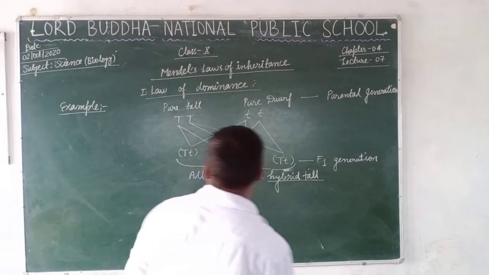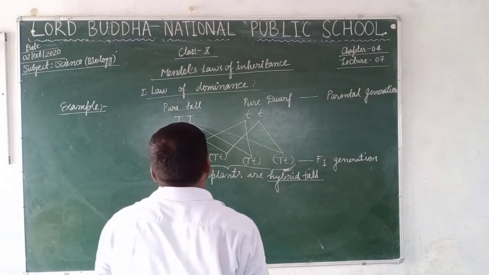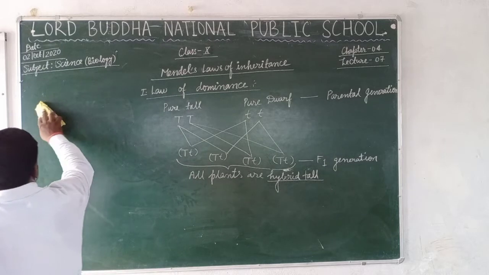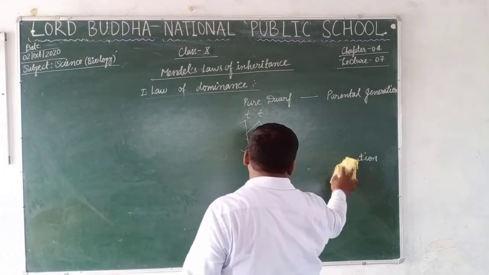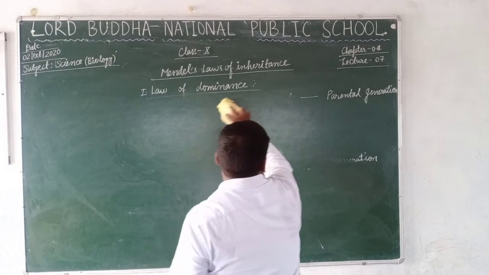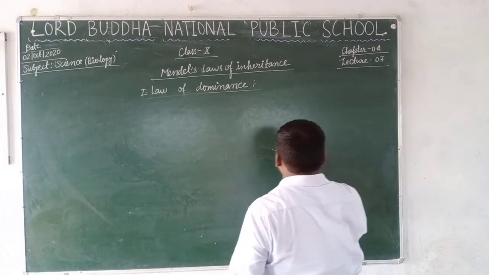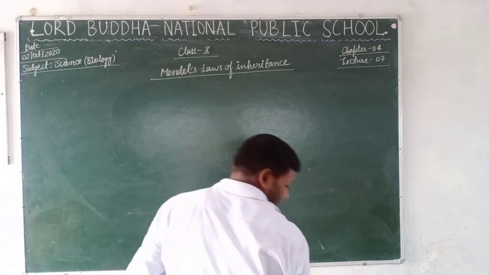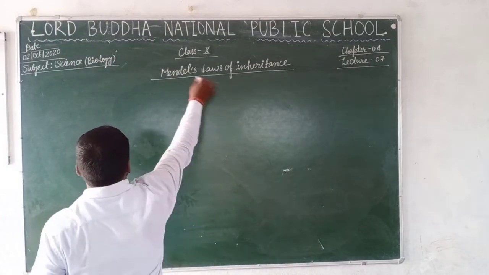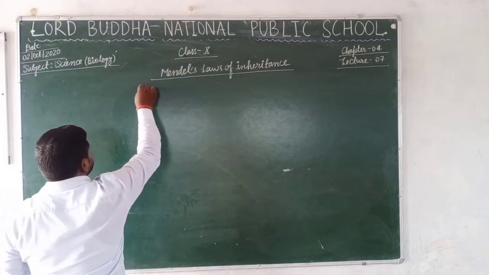Okay students, this is the law of dominance, because only the dominant character comes in appearance or is physically visible. Now students, we are going to discuss the second law.